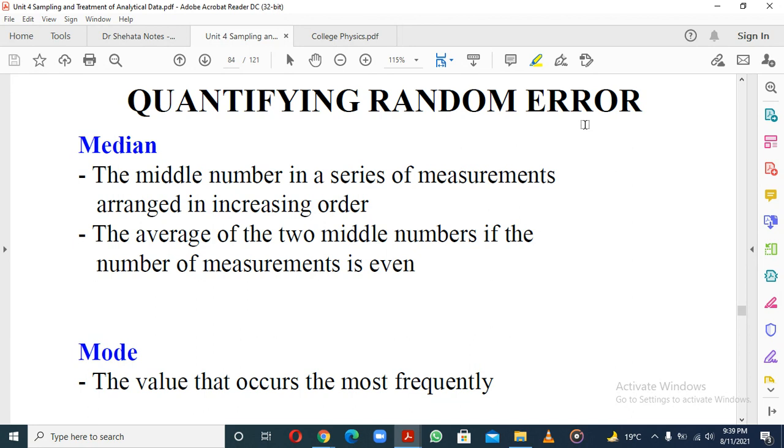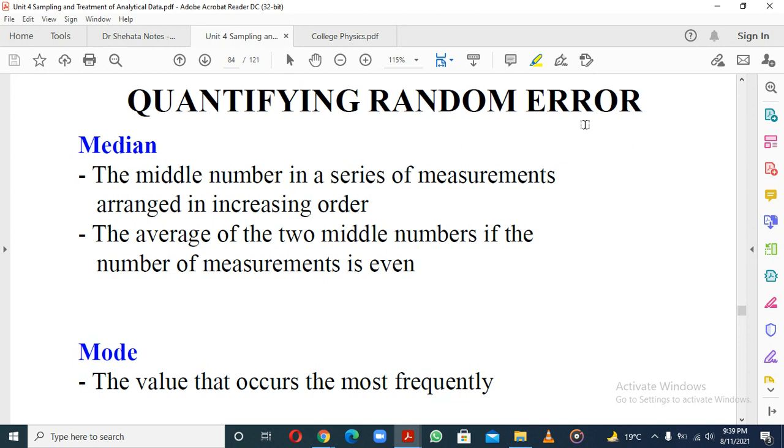So what you do, if you've got an even number of measurements, is you get the numbers which are in the middle. Let's say you've got the numbers 1, 2, 3, 4, 5, 6. You get the numbers at the middle, which are 3 and 4, isn't it?